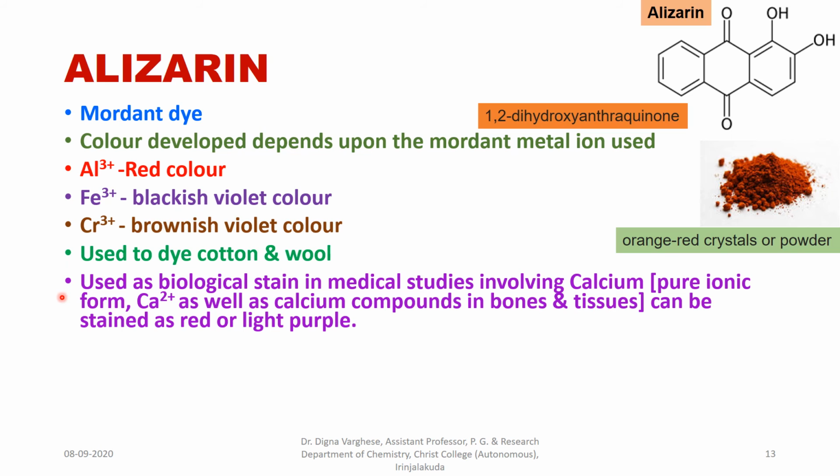It is also used as a biological stain in medical studies involving calcium, in pure ionic form Ca2+, as well as calcium compounds in bones and tissues, which can be stained red or light purple. We can use this particular dye as a biological stain in medical studies to detect calcium.